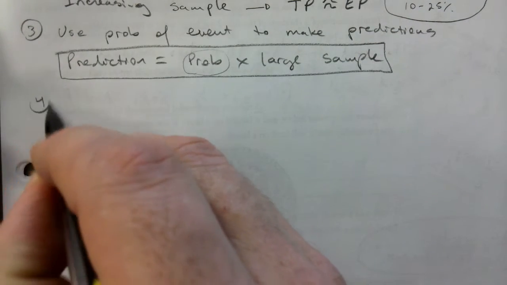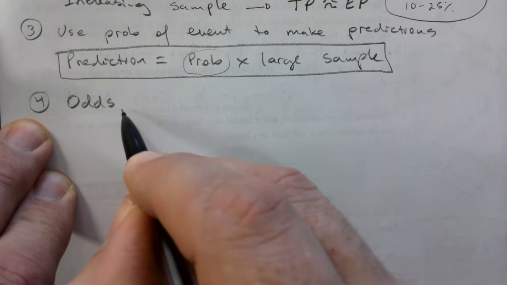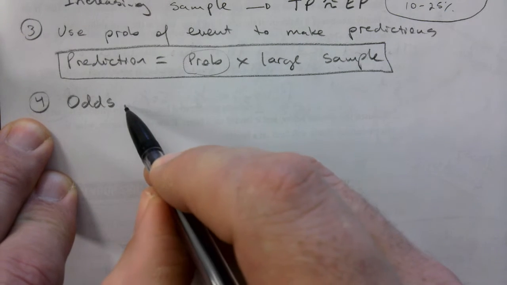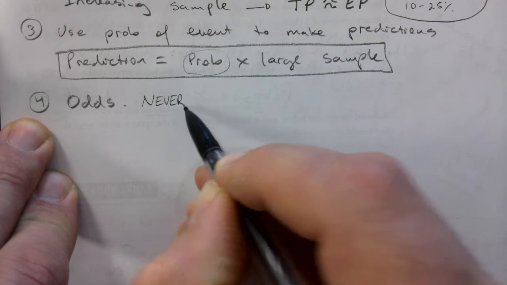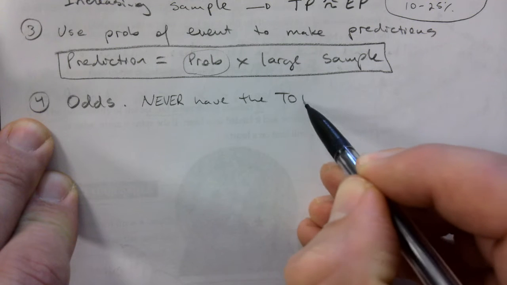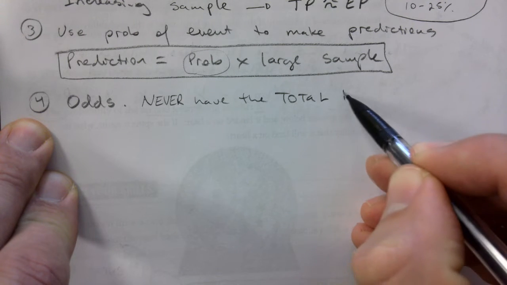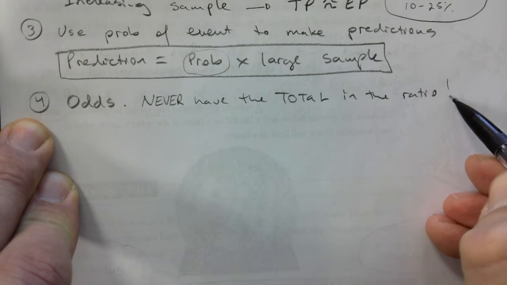For odds, never have the total in the ratio. Okay, this is very important.